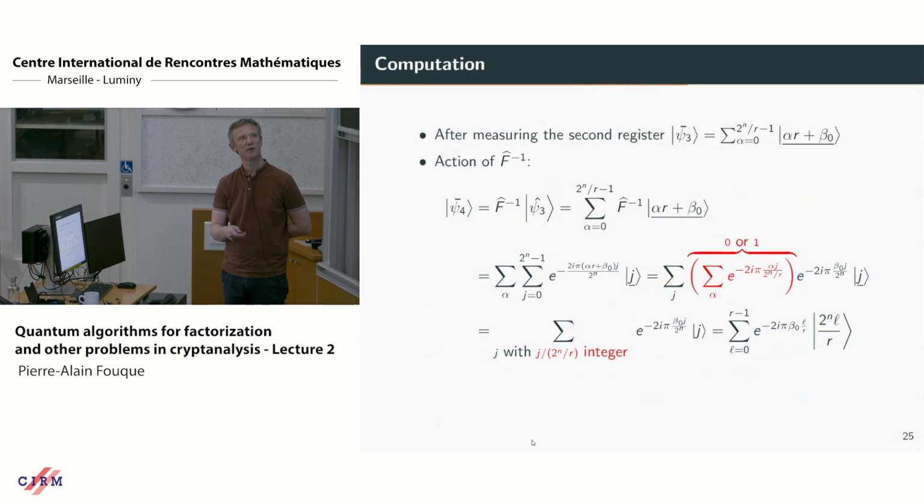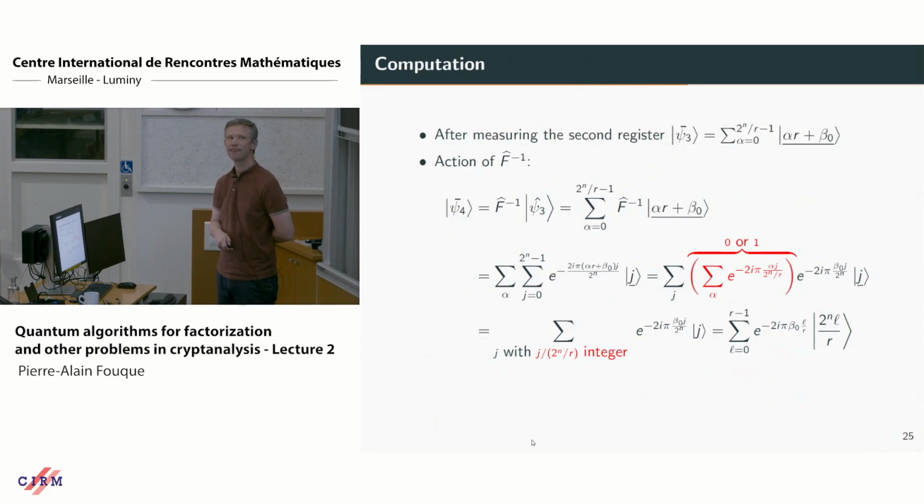I call the integer here L, and j will be replaced by 2^n times L divided by r. So here you can see that r is on the denominator of the fraction.